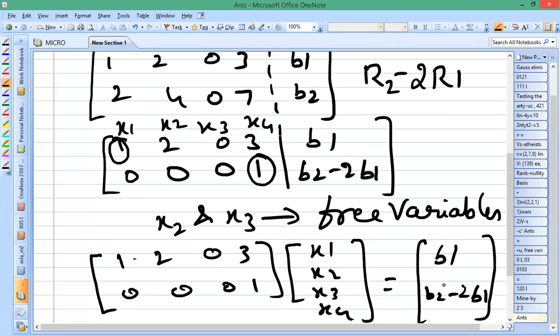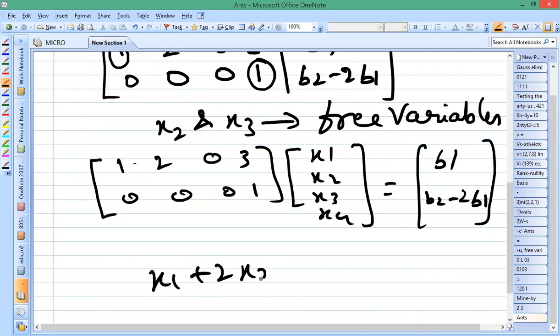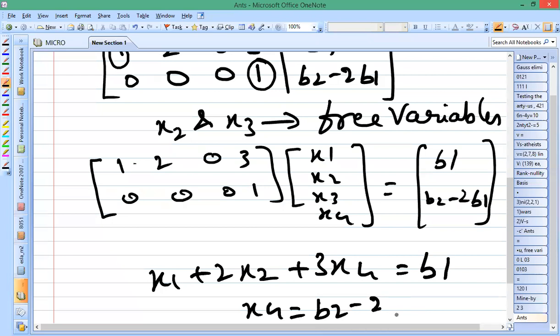Simplifying, we have x1 plus 2x2 plus 3x4 equal to b1, and x4 equal to b2 minus 2b1.